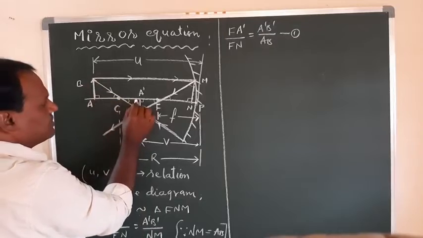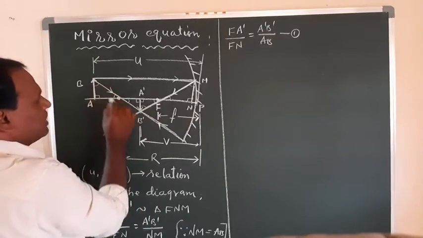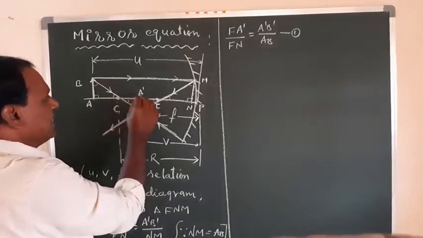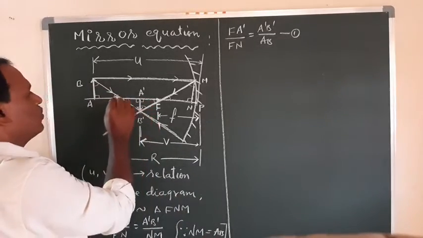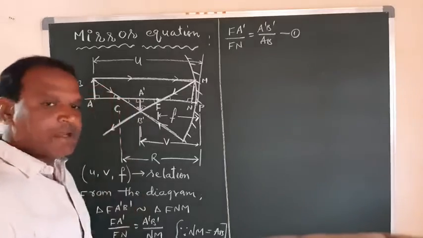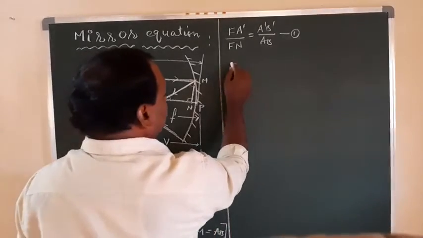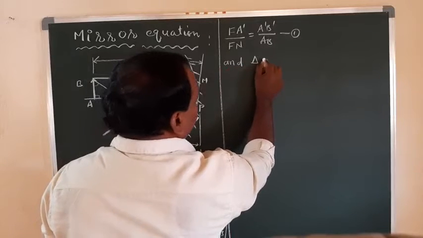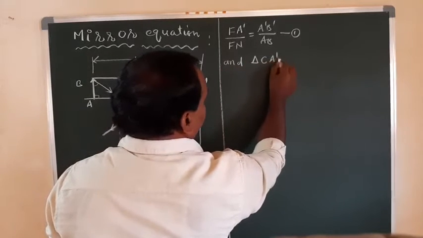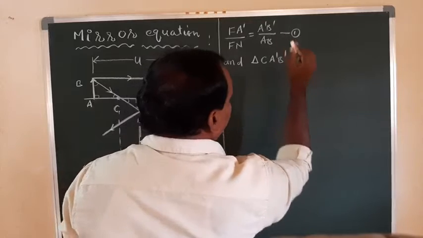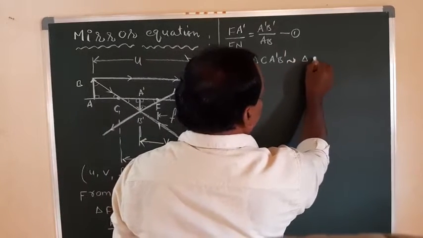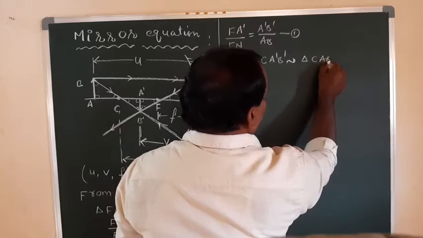This is 90, this is 90, and obviously the third angle is automatically equal. Therefore C A dash B dash is similar to C A B. So now I'm writing triangle C A dash B dash is similar to which triangle? C A B.